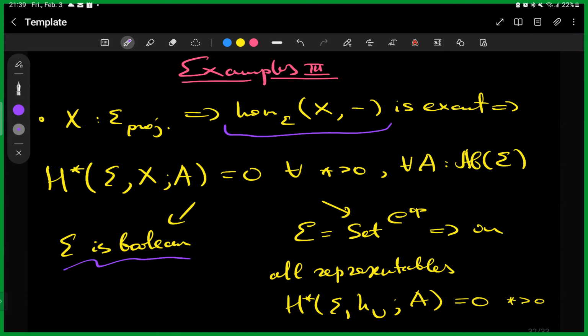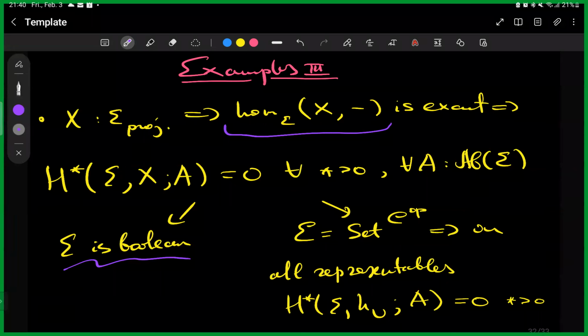And the other one is given by the topos of all presheaves. So when we have a minimal topology on category C, then all representables are projective, and then cohomology of representables also vanishes. So that's another example of this instance when we compute cohomology of a projective object.